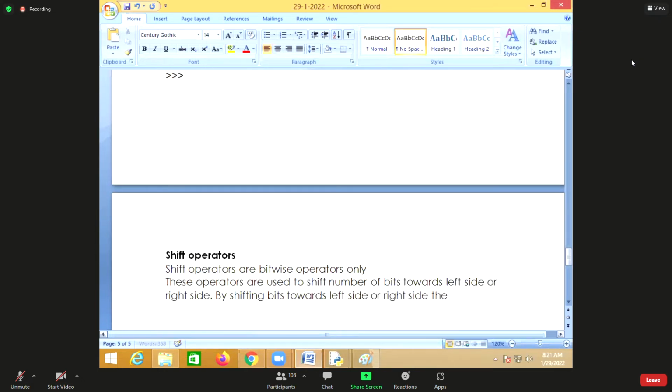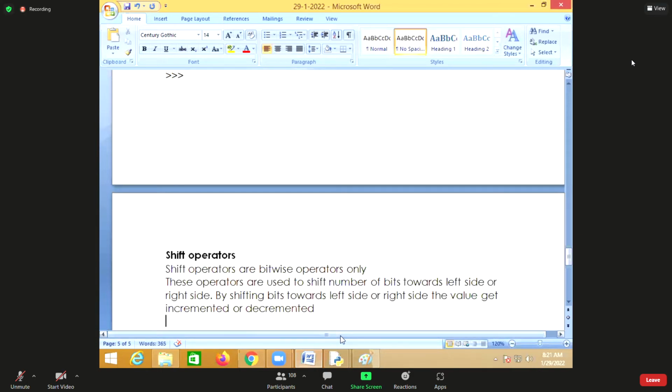The value gets incremented or decremented. By shifting bits towards the left side or right side, the value gets incremented or what? Decremented.